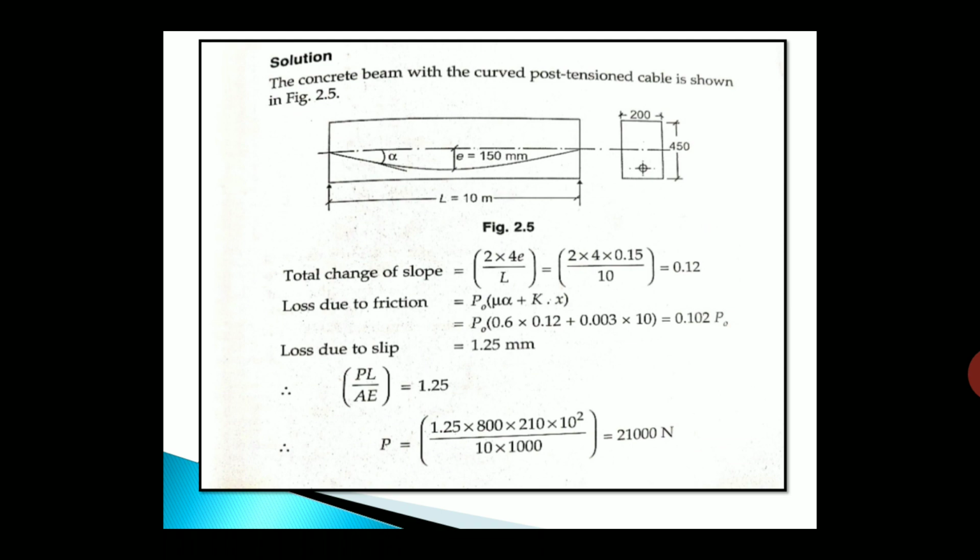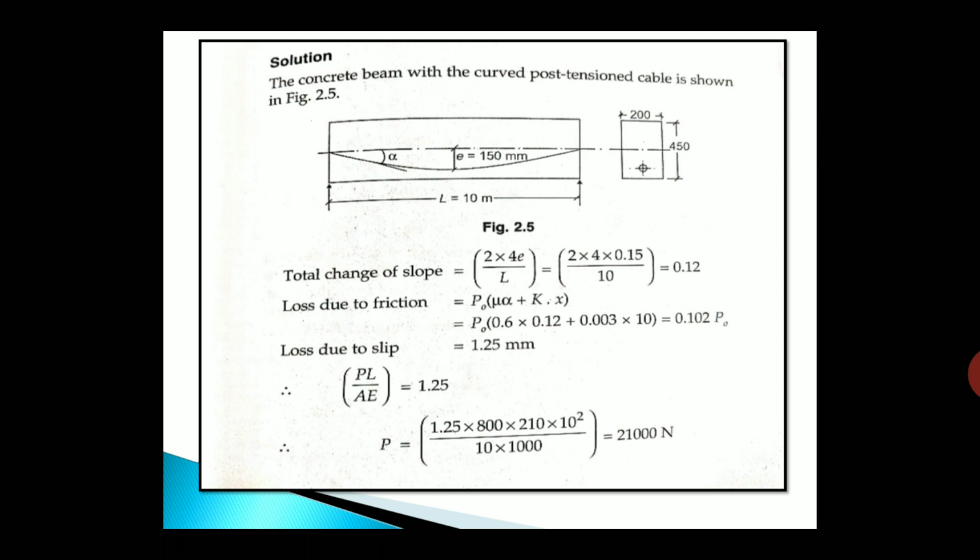Therefore, P, that is the pre-stressing force, is equal to 1.25 into 800 into 210 into 10 square divided by 10 meters, which is the length. So we get the P value as 21,000 Newton.